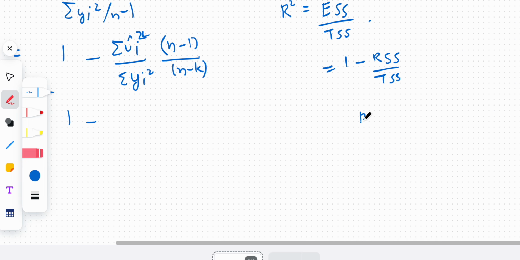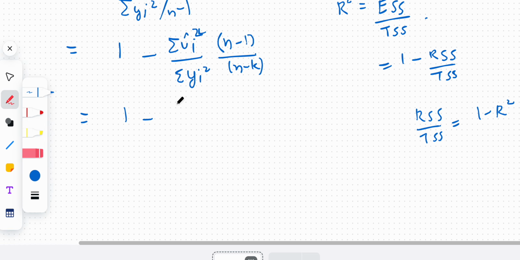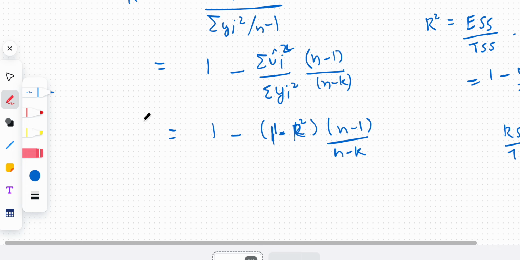That would also mean RSS by TSS is equal to 1 minus R square. So I can basically put 1 minus R square here. My R looks a little like k, so ignore that. But that is the relationship between my adjusted R square and my actual R square.